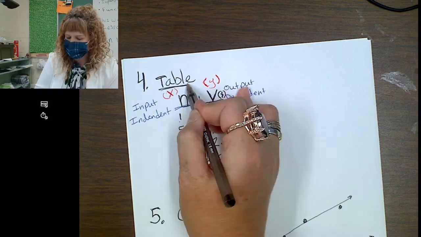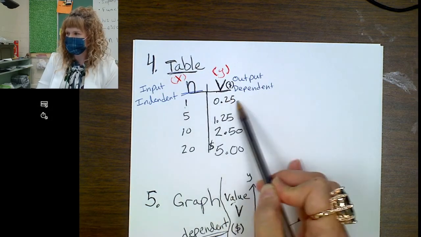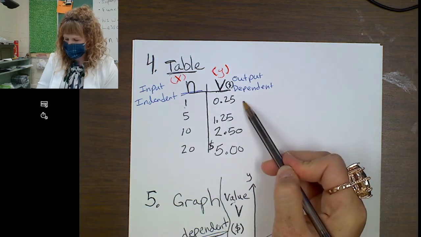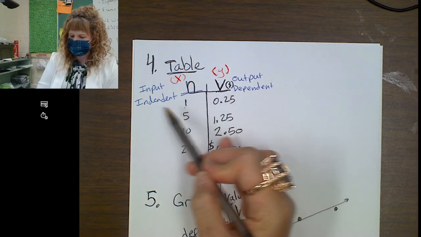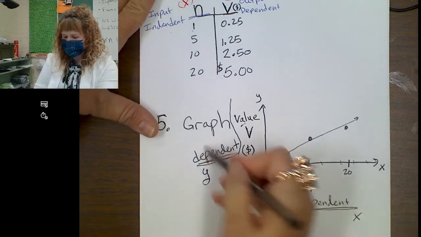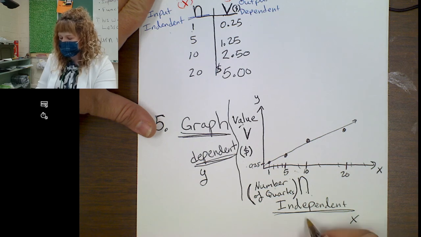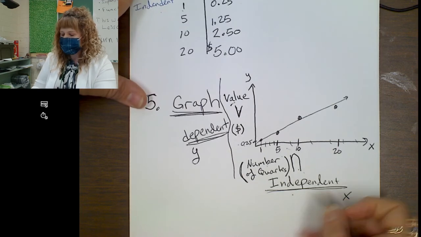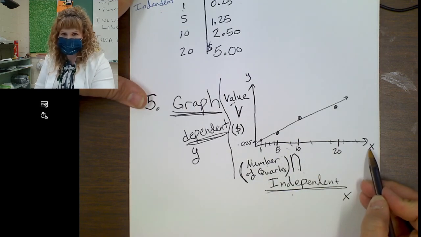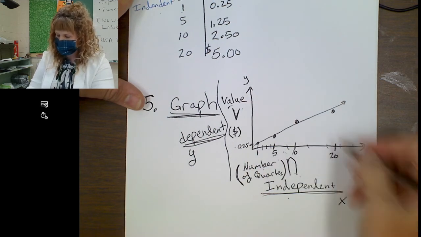You have learned to represent it as a table, where the output depends on the input. The dependent variable depends on the independent variable. And finally, you have learned to graph the functions. The independent variable is on the x-axis. The dependent variable is on the y-axis.